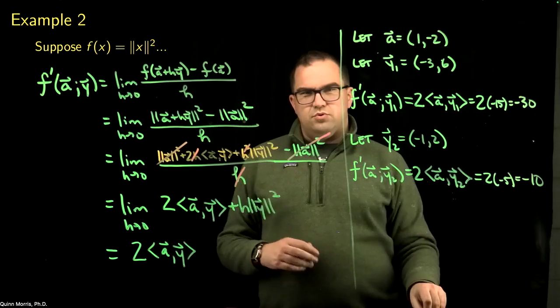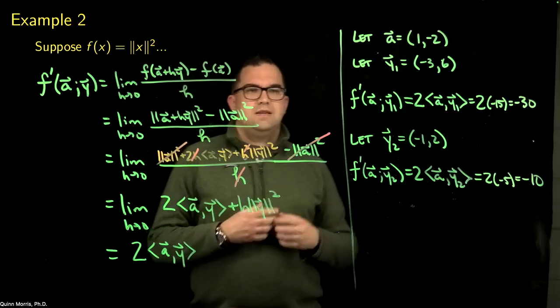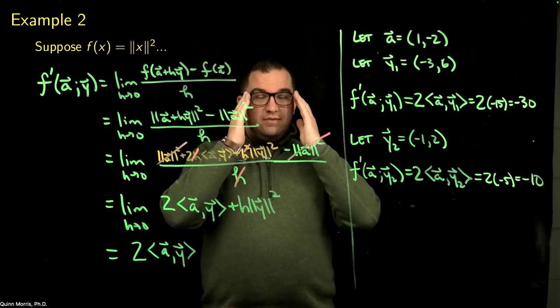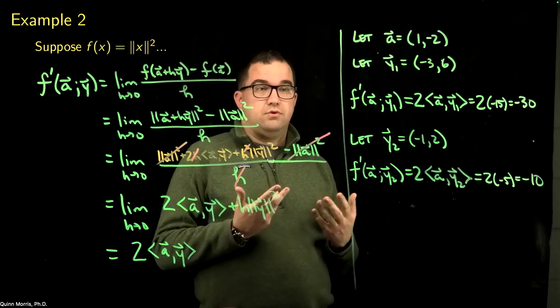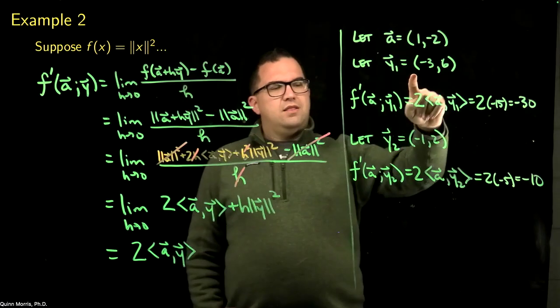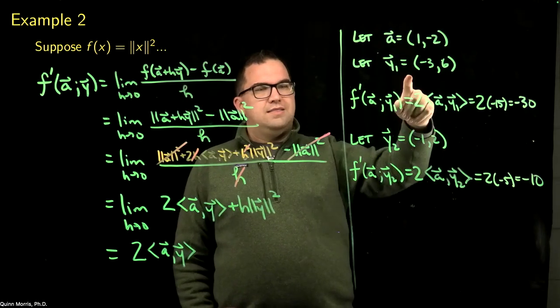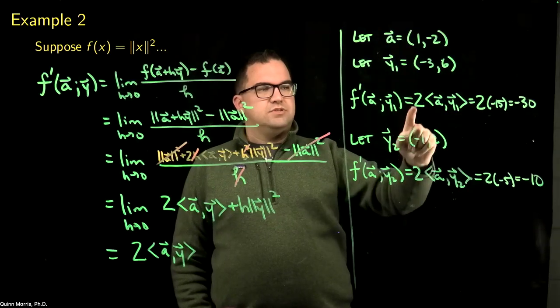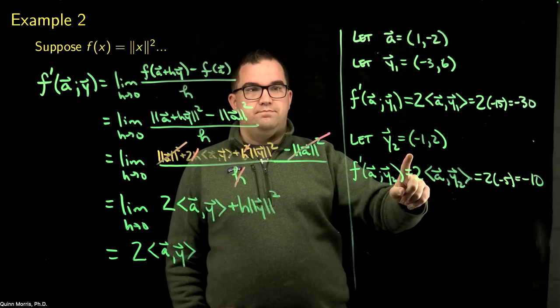But now the question becomes, what does this mean, right? What does this number tell you? Now, we would like for derivatives to tell us something about a rate of change, right? But immediately the question I'm confronted with, if I look at these 2 vectors, y1 and y2, is that these are not unrelated vectors. In fact, y1 is 3 times y2, right?